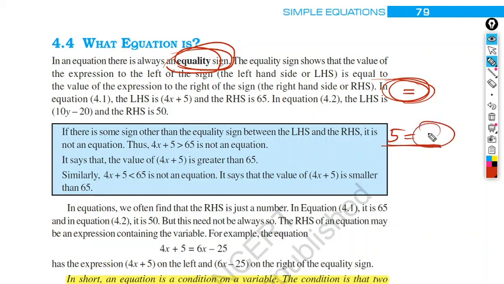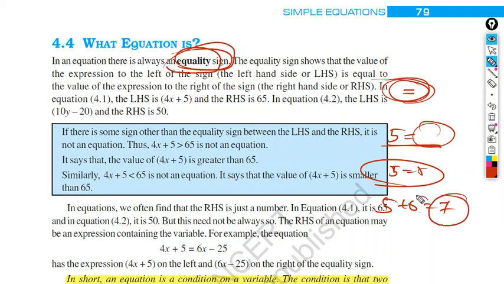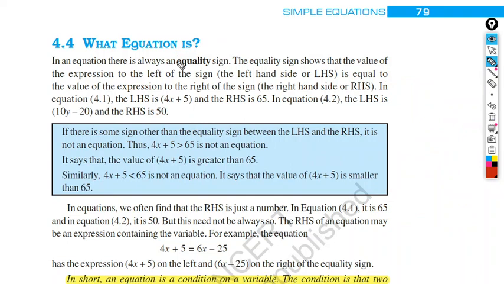You can't leave a space here. So you can write 5 equal to 5, or you can write 5 plus 6 equal to 7. So there must always be an LHS and RHS. What is LHS? LHS means left hand side. Similarly RHS is right hand side. So in an equation there will always be an LHS and an RHS, and there must always be an equality sign.